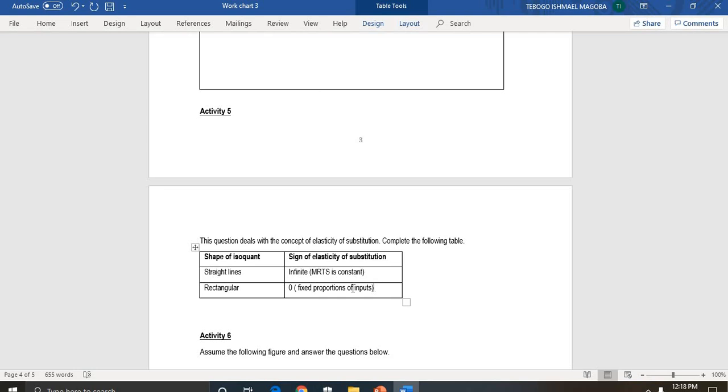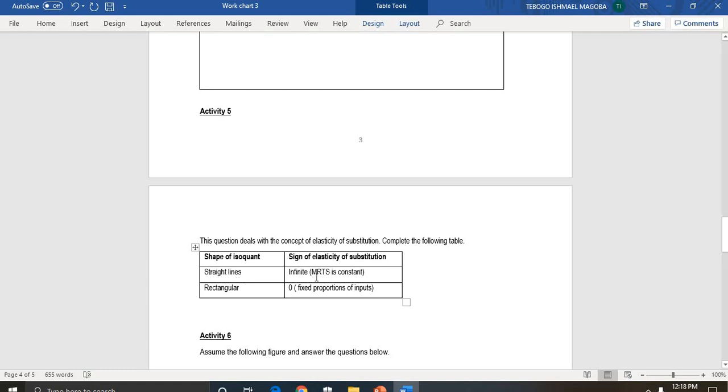You always have a fixed number of labor and a fixed number of capital forever. So you don't even have to substitute for anything. You already know that you're going to have maybe 5 units of labor, 10 units of capital, no matter what. Hence, you won't have a sign of elasticity of substitution. It will just be 0 because you never substitute between capital and labor.